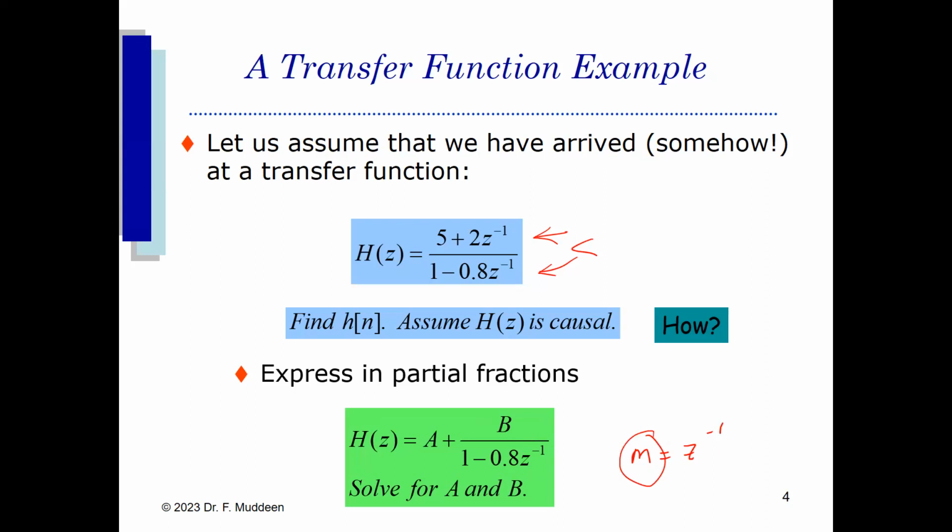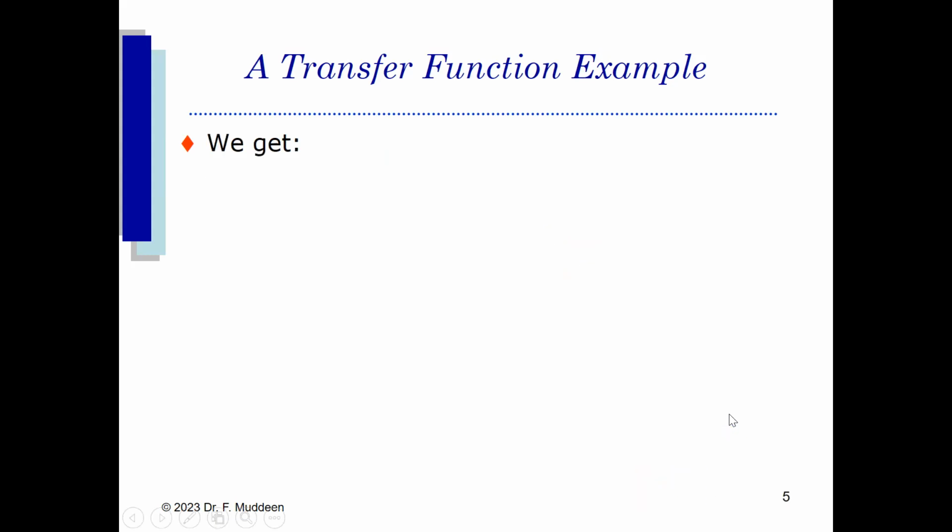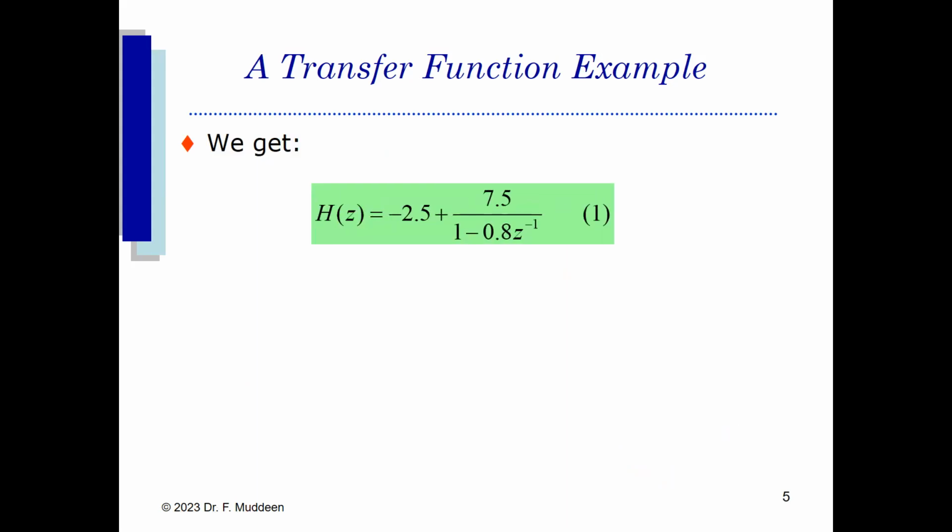Z to the minus 1, as you will see in a couple of slides, means something very specific to us, so we prefer to retain that. If you solve it, you should get that A is minus 2.5 and B is 7.5.